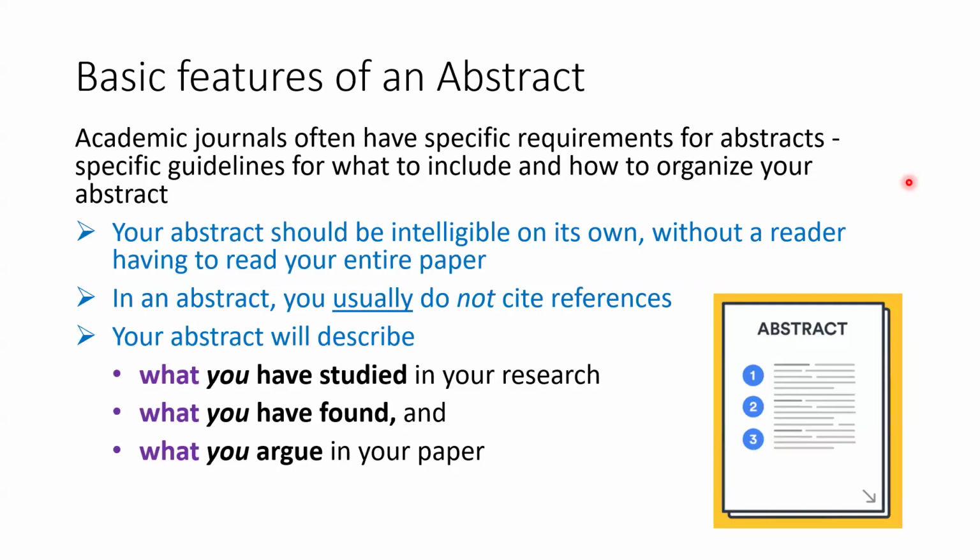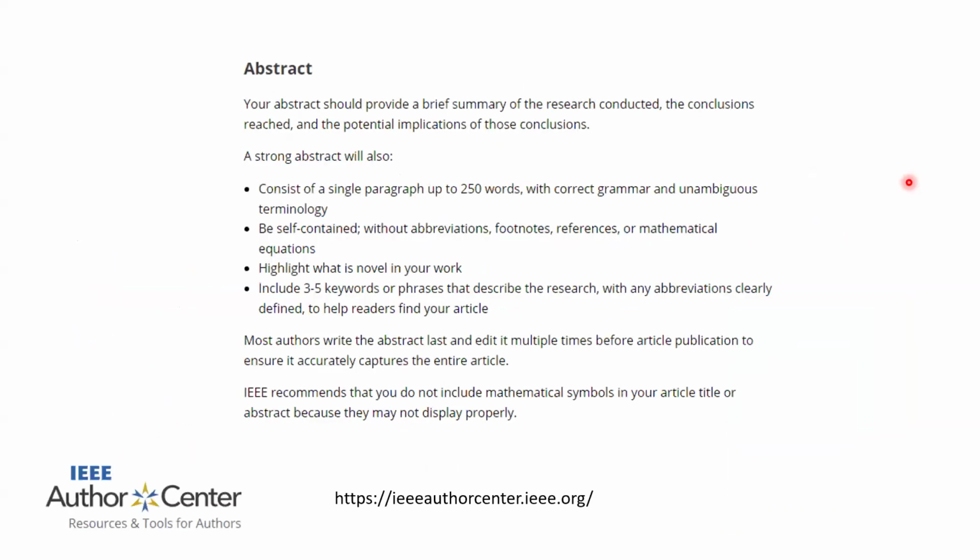So let's look at an example of what IEEE wants the readers to focus on when writing an abstract. This is for all the IEEE submissions. Your abstract should provide a brief summary of the research conducted, the conclusions reached, and the potential implications.